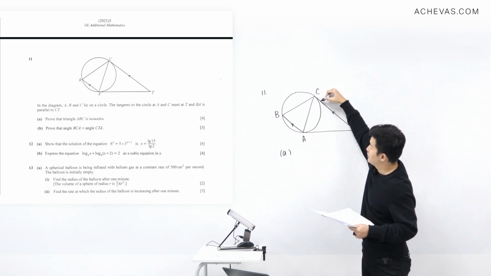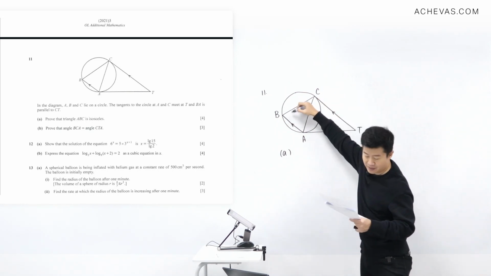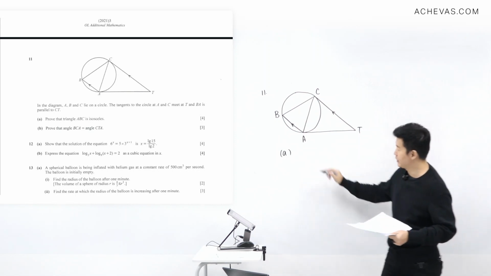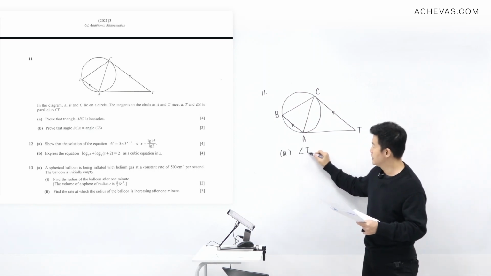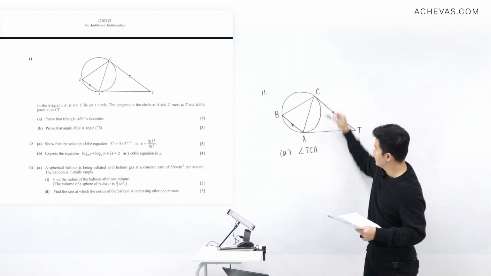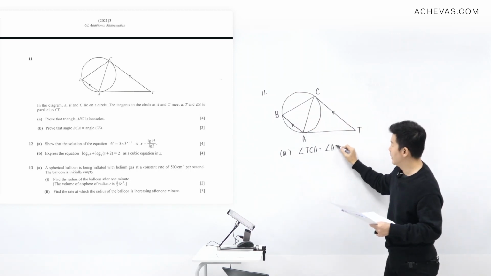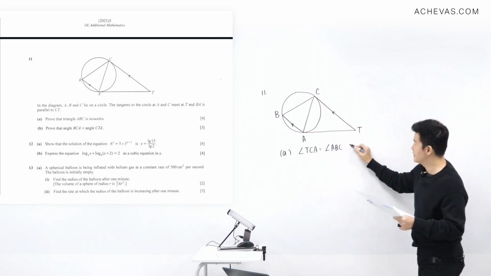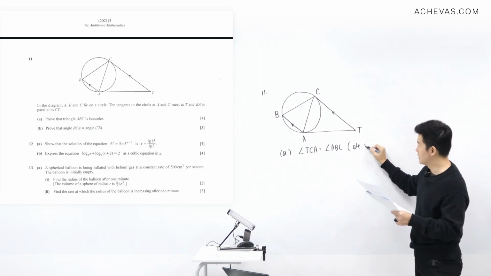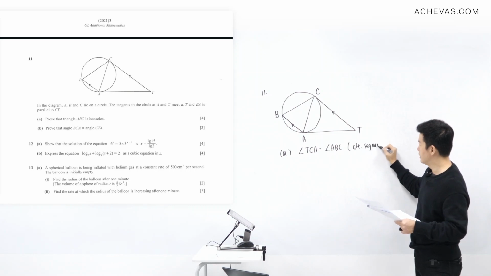This angle here is the same as this angle here by the alternate segment theorem. Let me write it down. So angle TCA, this angle here, is equal to this angle here, which is angle ABC. And the reason is because we have the alternate segment theorem.